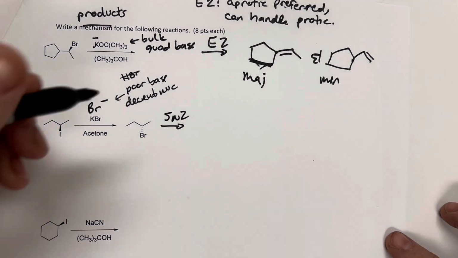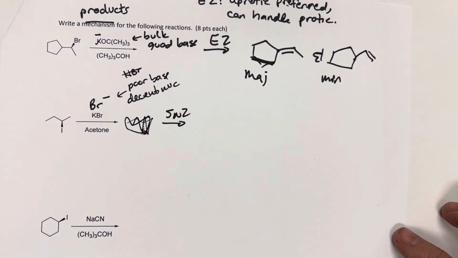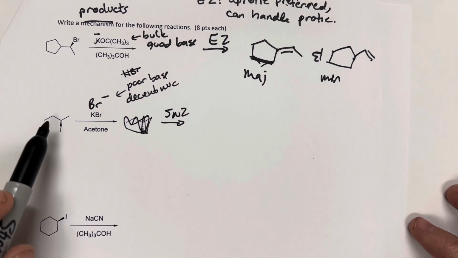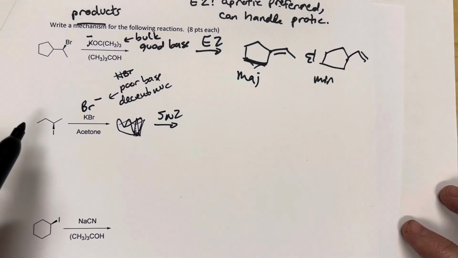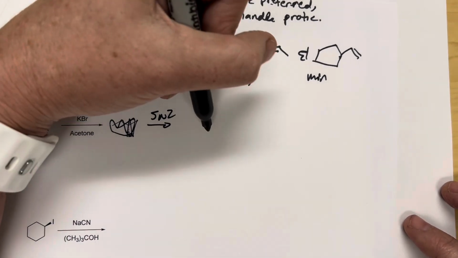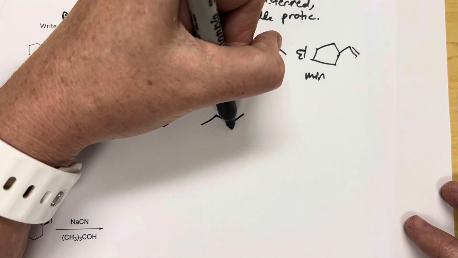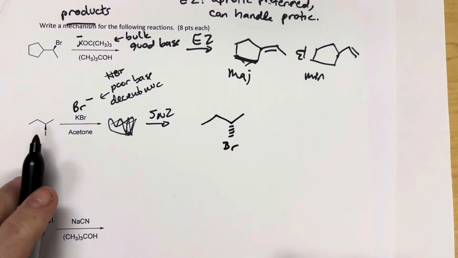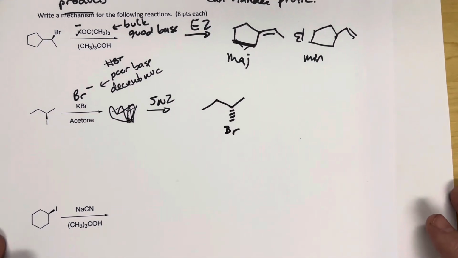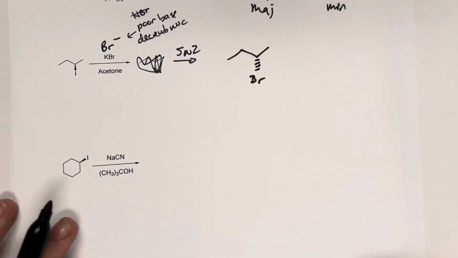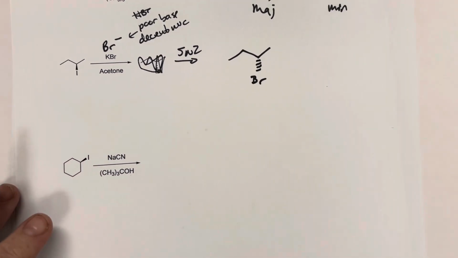Oh, I gave you the answer. That's funny. Hopefully I'll erase that from your worksheet. If it occurs via SN2, remember that SN2 only has the backside attack. So the nuke will now go on the wedge, whereas before it was on a dash, or vice versa.